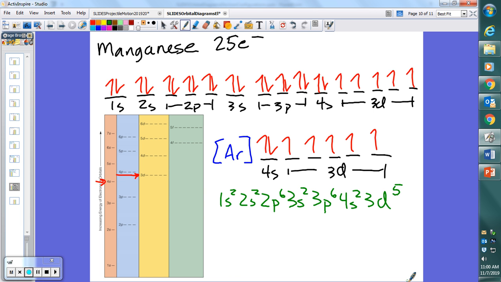Does that make sense where all that came from? Okay. Again, the last part, even though the electron configuration doesn't show it, how many 3d orbitals total are there? There are 5 orbitals. How many electrons total exist within those 5 orbitals? 5. That's why we end up with 3d5. Okay?